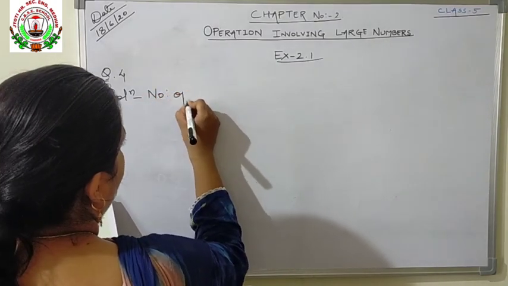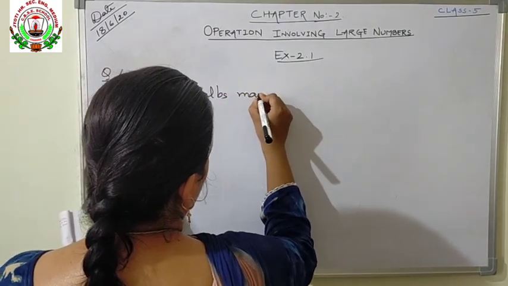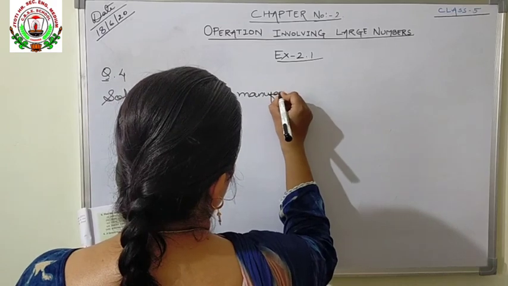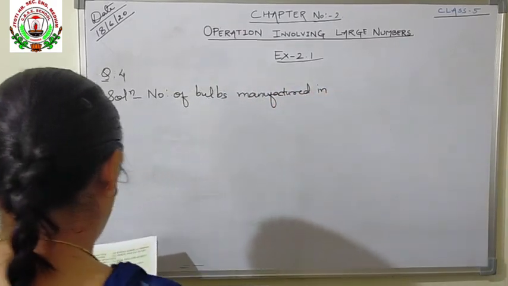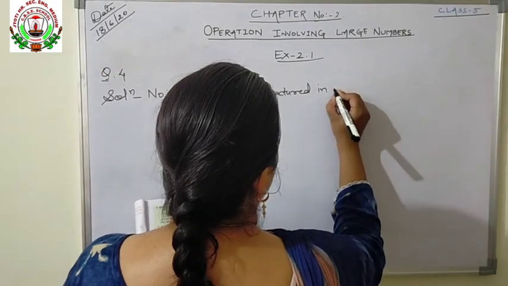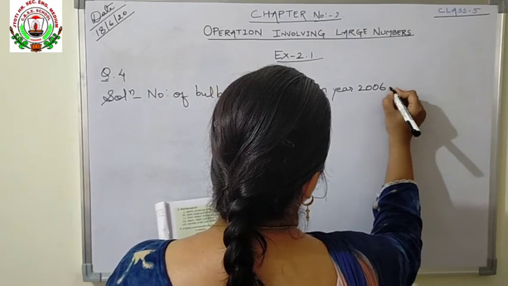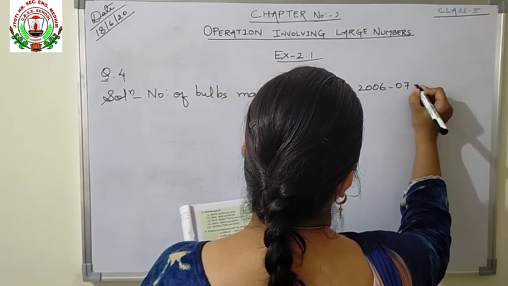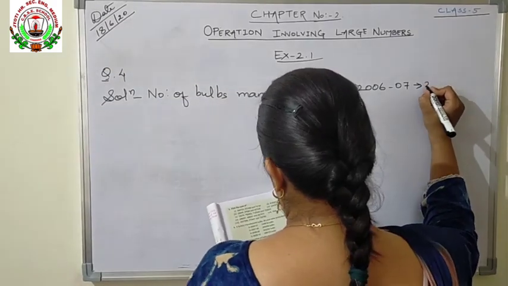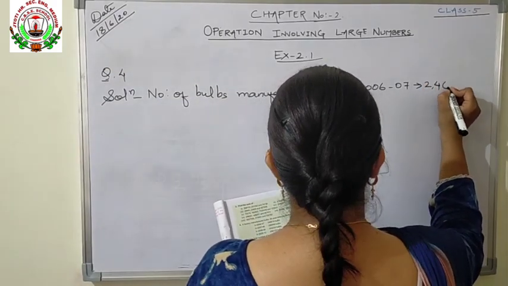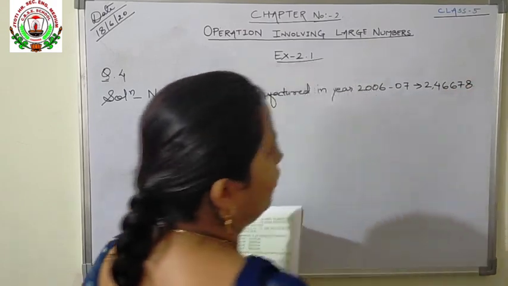Number of bulbs manufactured in year 2006 to 2007. What is the number of bulbs manufactured in this year? 2,46,678.